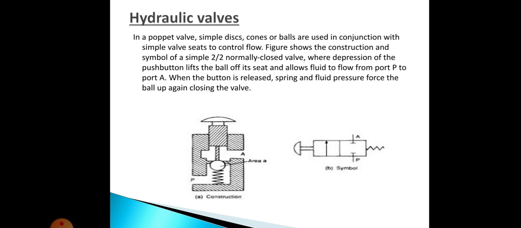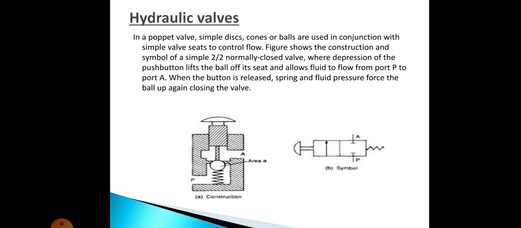In the diagram, the button is on top. When you push the button, the ball goes down and the liquid flows. When you release the button, the ball goes up and closes near A, so the liquid will not flow. Like that it will be working.